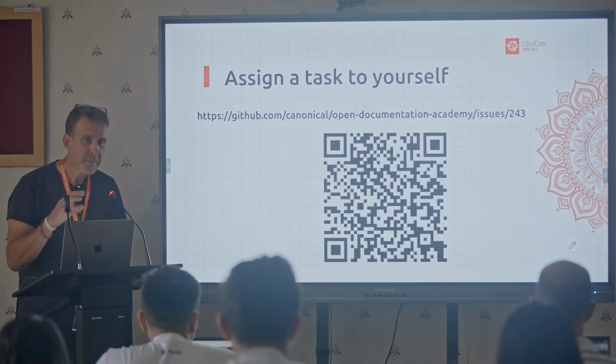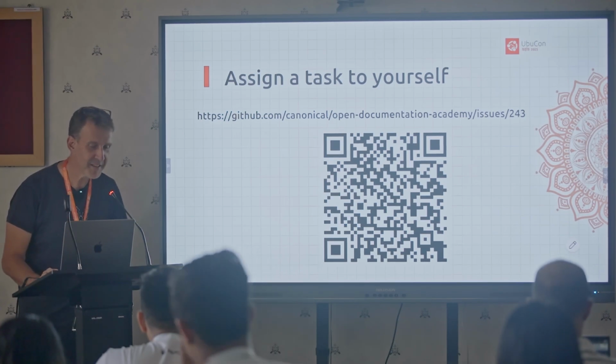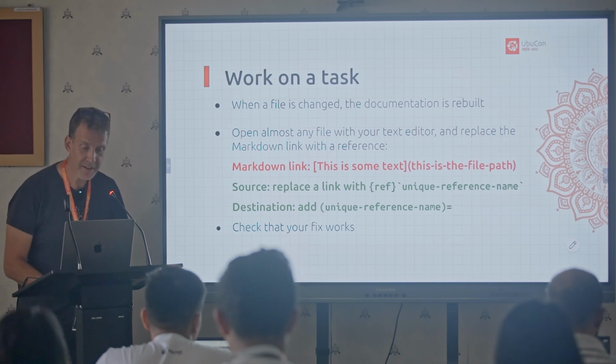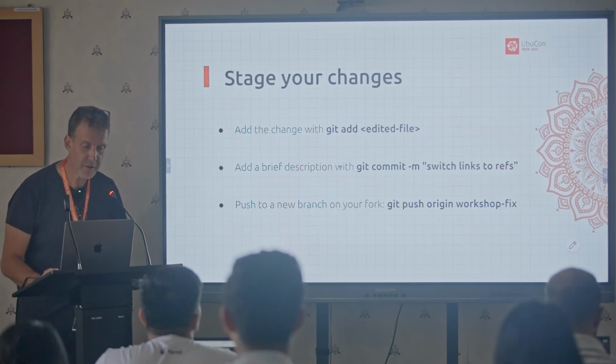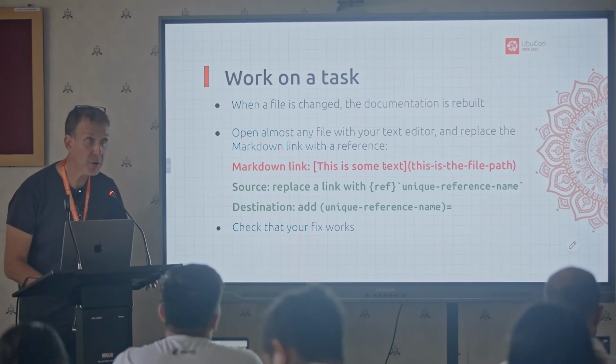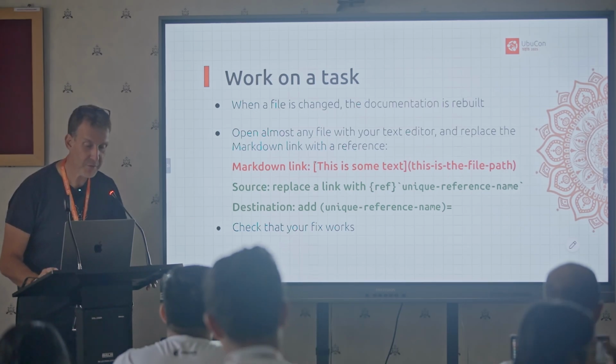So Sphinx handles this through restructured text. So what this task is to do is to find a Markdown link that looks like the red text here in these square brackets. I'll show it to you in the real code, and then replace it with a Sphinx reference.